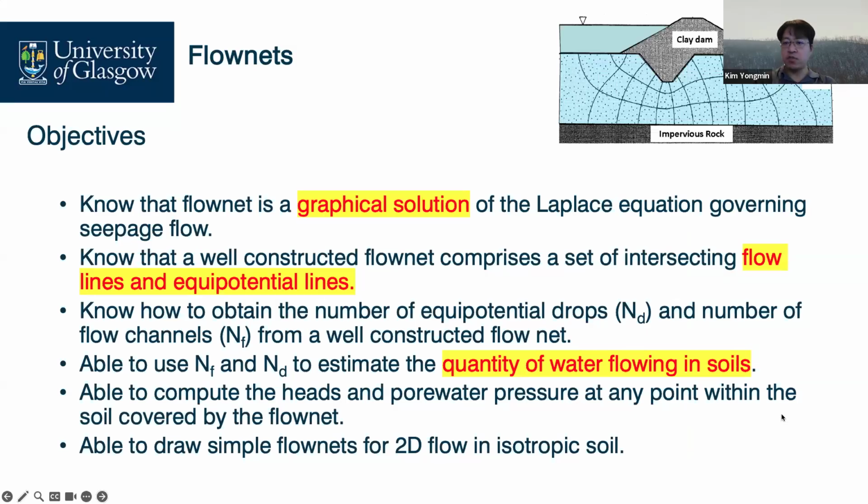Now we have come to a very important topic, which is the flow net. It is kind of a CPE problem. Last week, we considered the Bernoulli equation and Darcy's law to calculate water flow through soils.